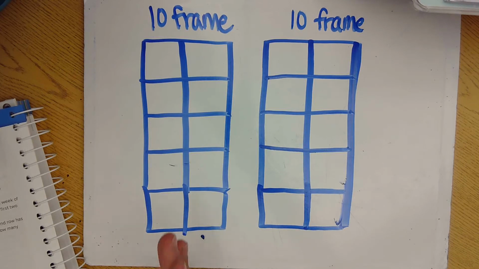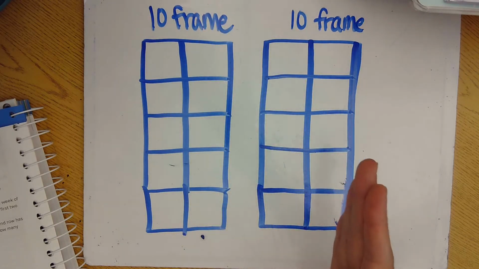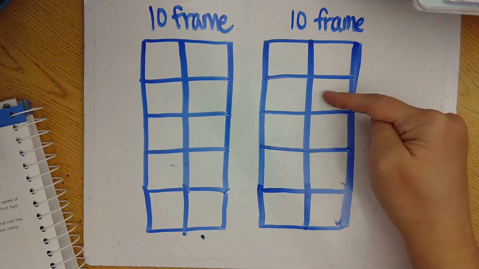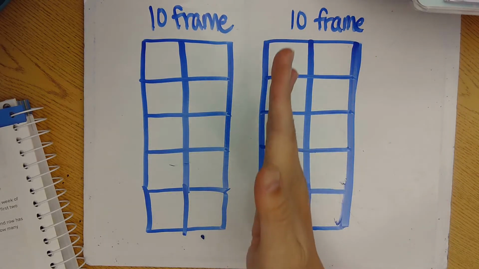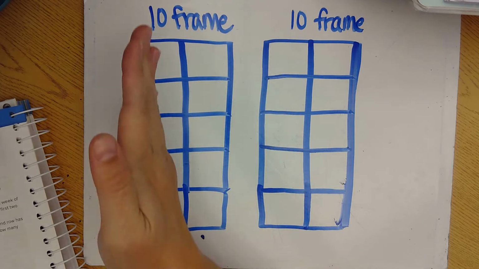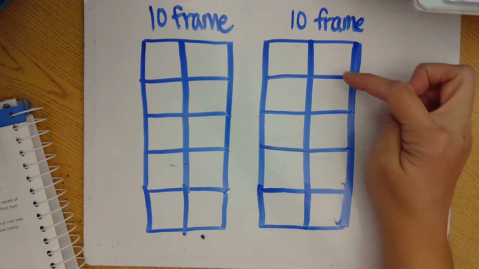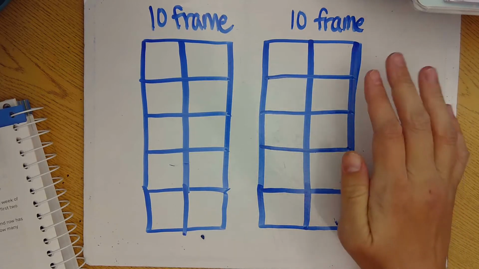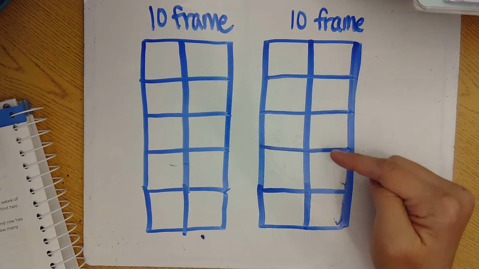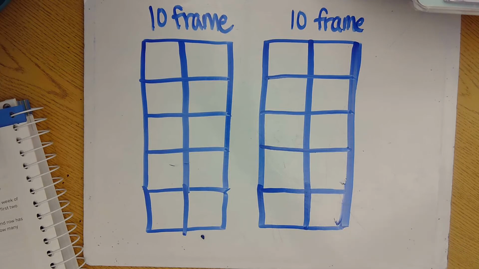I also noticed that it has 4 columns and it has 5 squares in each column. Here's a column, here's a column, here's a column, and here's a column. And there are 1, 2, 3, 4, 5 in each one. So if I had one whole column filled up, I would know that that was 5.